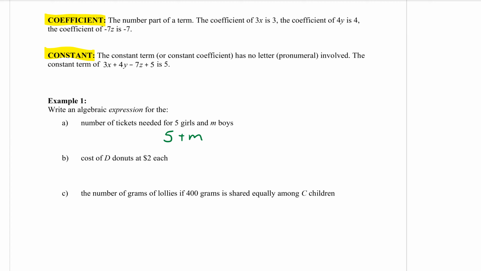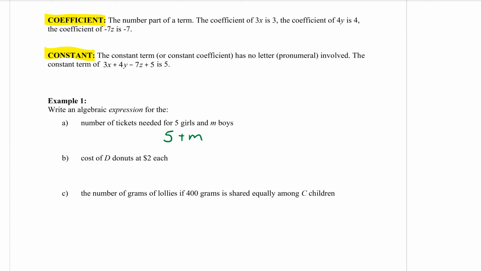Let's try part B. The cost of D donuts at $2 each. Anyone want to have a try? D is the letter that's going to be in my expression. If I wanted to buy 10 donuts, I'd go 2 times 10, wouldn't I?